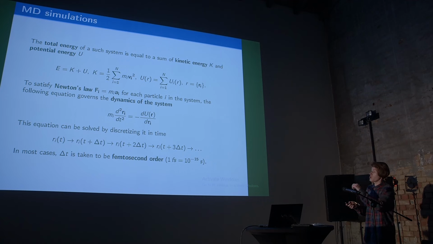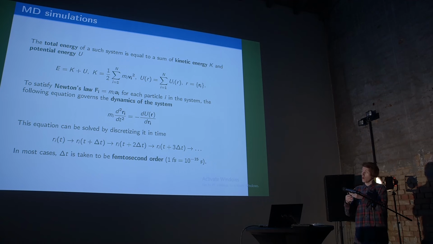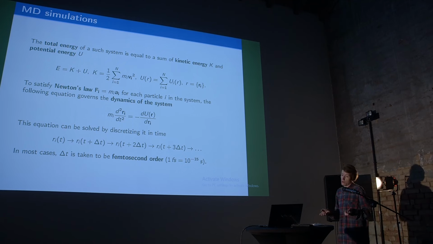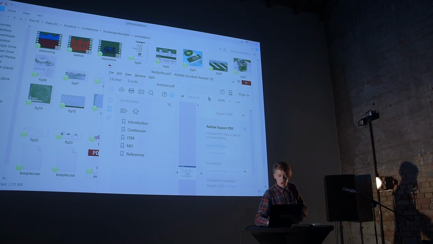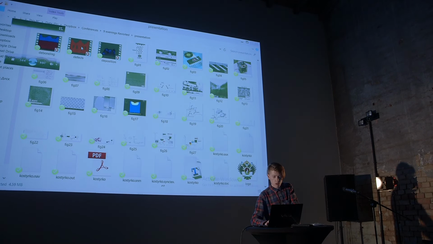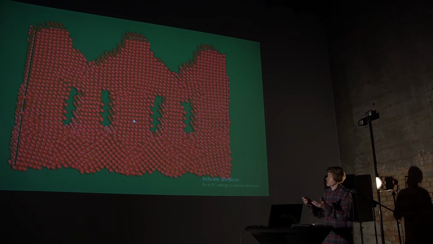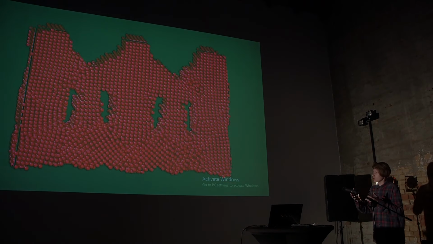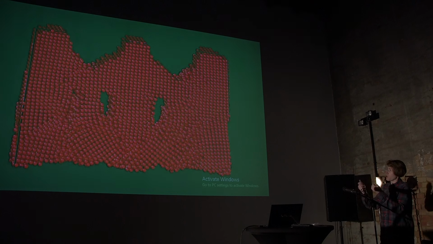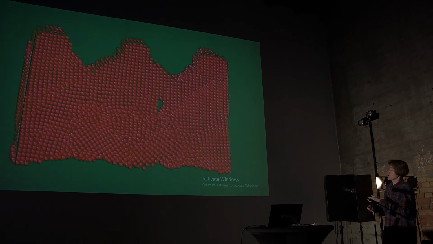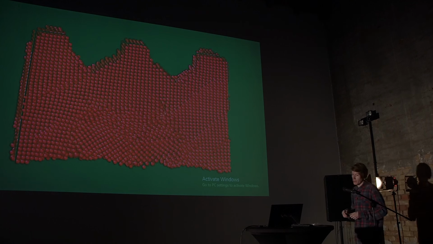We know how each atom moves, how each atom interacts with each other, and we can see it. I show you again. So we can see how the material, for example, breaks, or how a dislocation forms, or things like that.